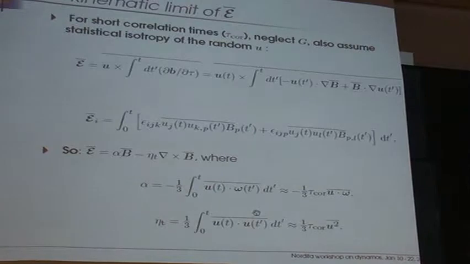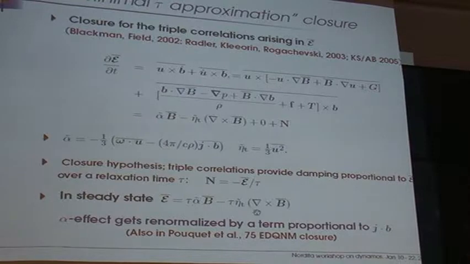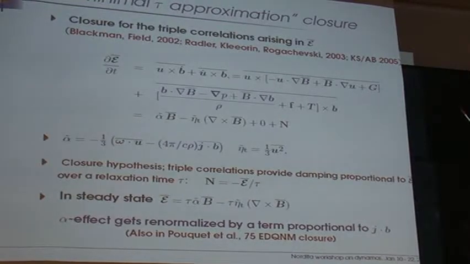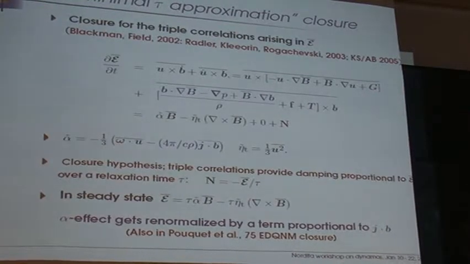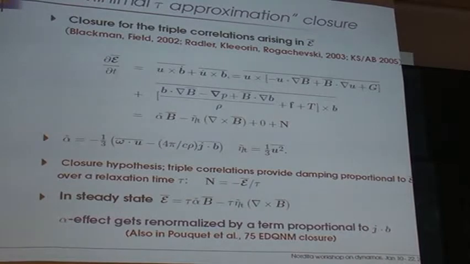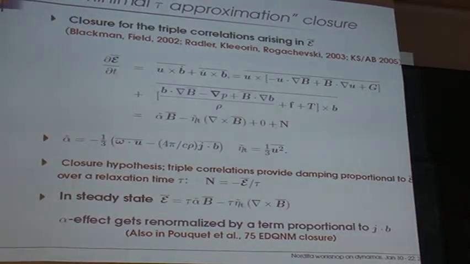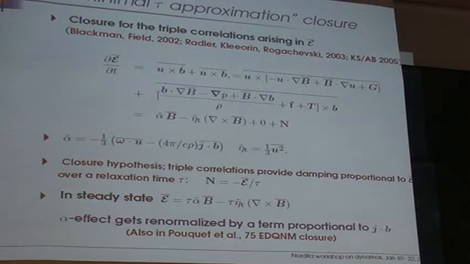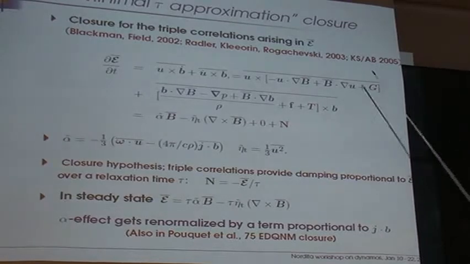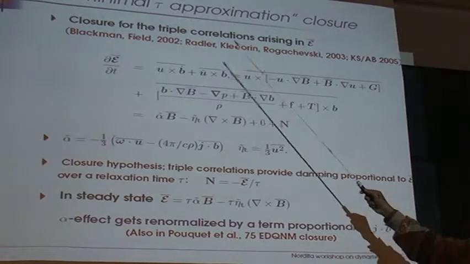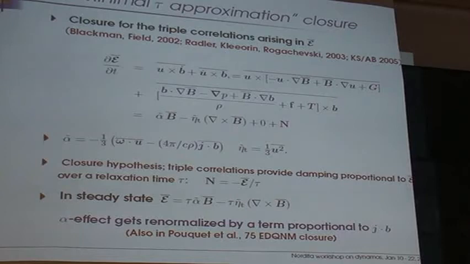So the kinematic limit, we already went through this algebra, and I won't repeat it. This closure which Karl-Heinz also mentioned, in fact, he's also first author of one of the papers which derives this kind of thing, I've called the minimal tau approximation closure.